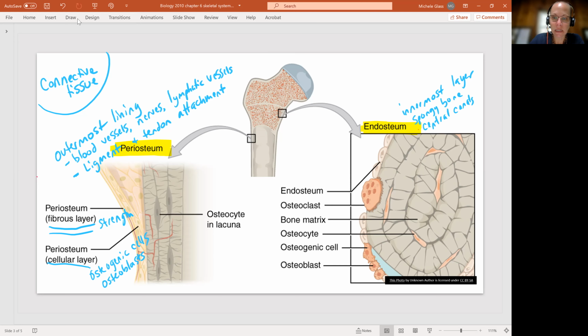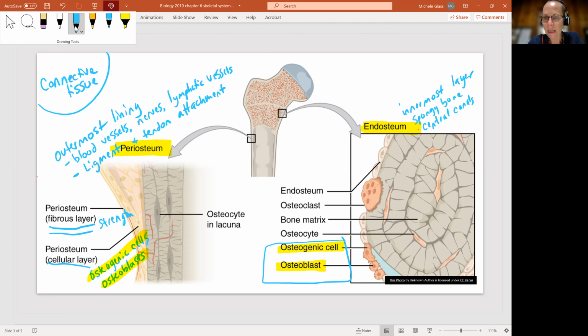Again, as we look at the endosteal tissue, we see some important cell types. So we're going to see primarily osteogenic and osteoblast cells located here in the endosteum. Notice that's what we mentioned was part of the periosteum cellular layer as well. When we talk about these other cell types that are labeled, the osteocyte is the bone cell, and so we see that it's located actually in bone.